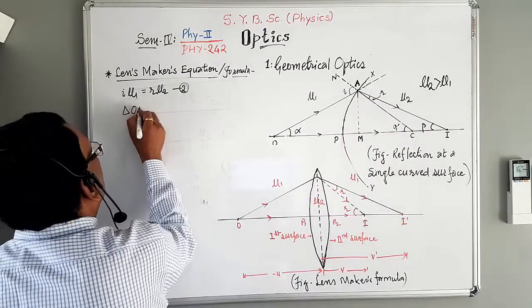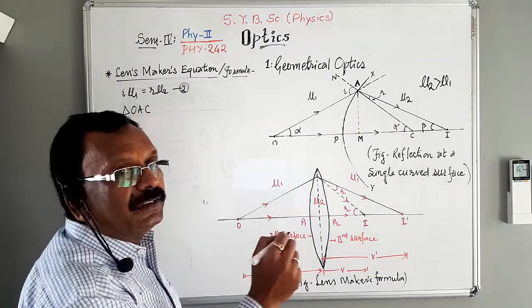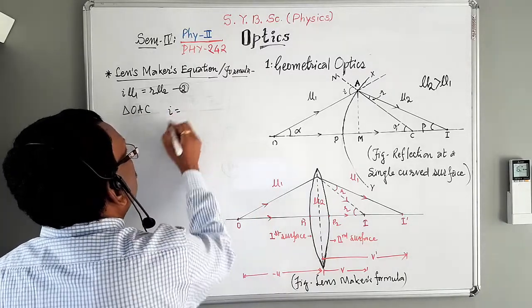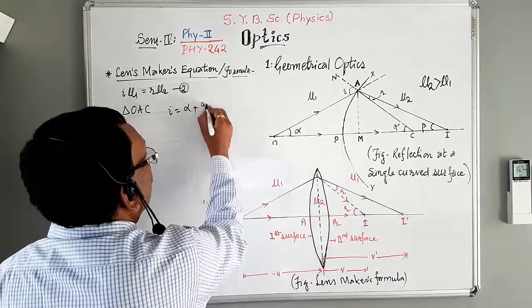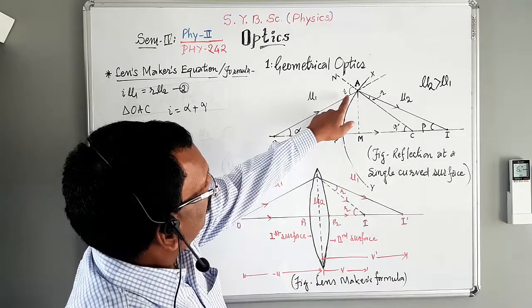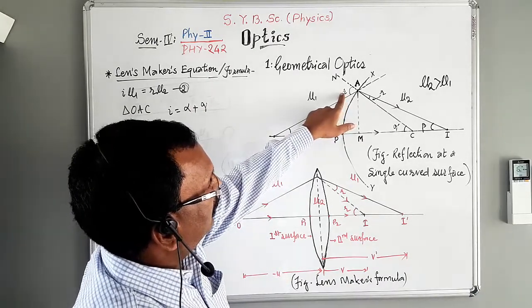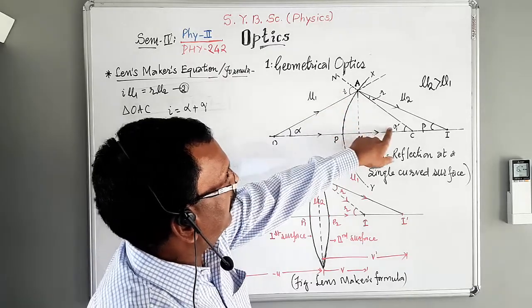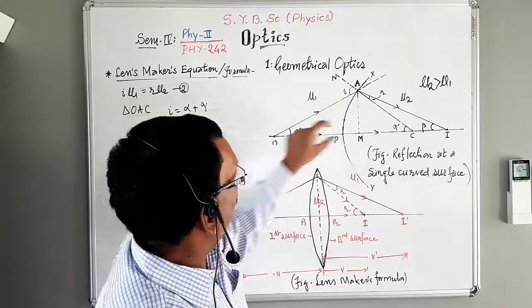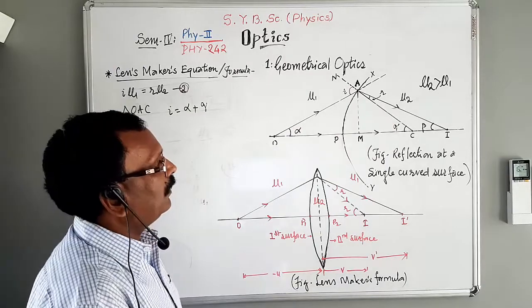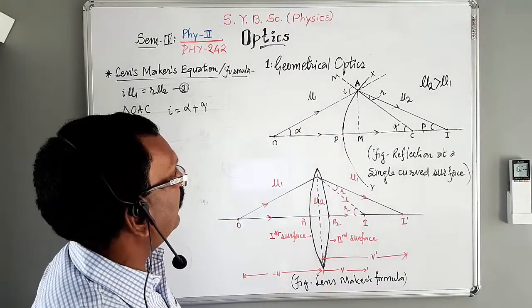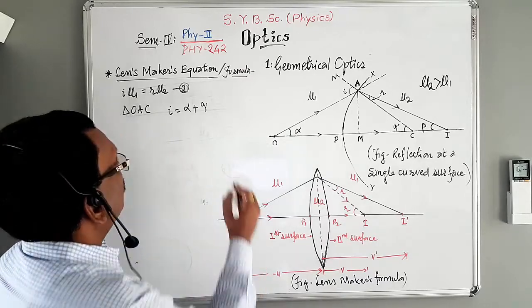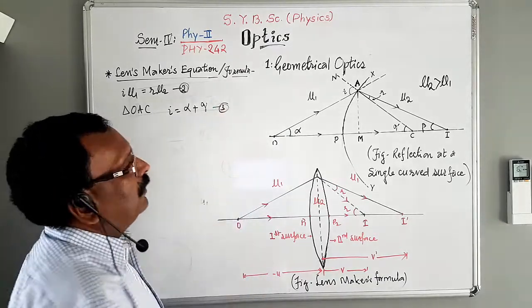This triangle gives us I is equal to alpha plus gamma, because this is an exterior angle. This angle I is equal to this angle plus this angle. Suppose this is equation 3.